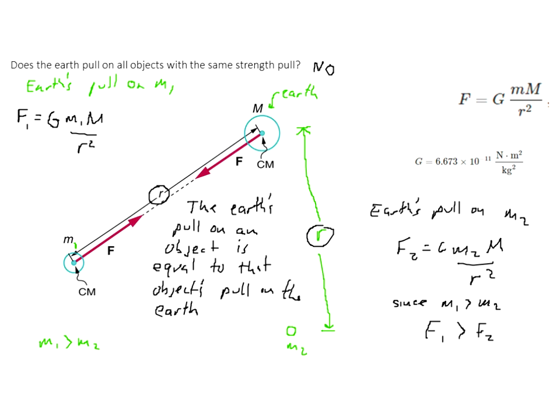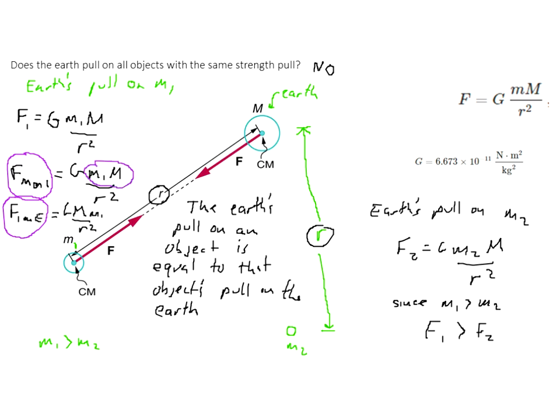Because look at, if we just write this equation here, so F of the Earth on 1, G M1M over R squared, F1 on Earth, G capital M, M1 over R squared, and these two terms are equal to each other, because it doesn't matter the order that you have these.